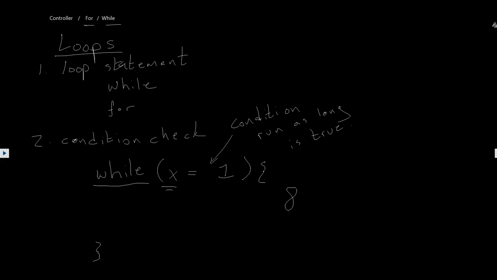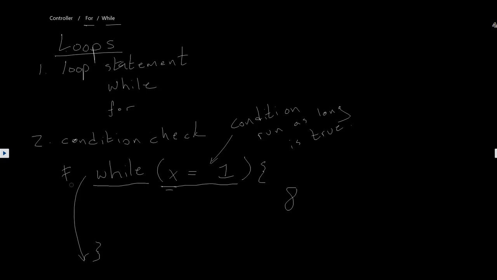The way the code runs is, it reads this and checks the condition before the code runs. So if this condition is not true, nothing happens in this code. It would just skip it and run the next line of code after that. Does that make sense?